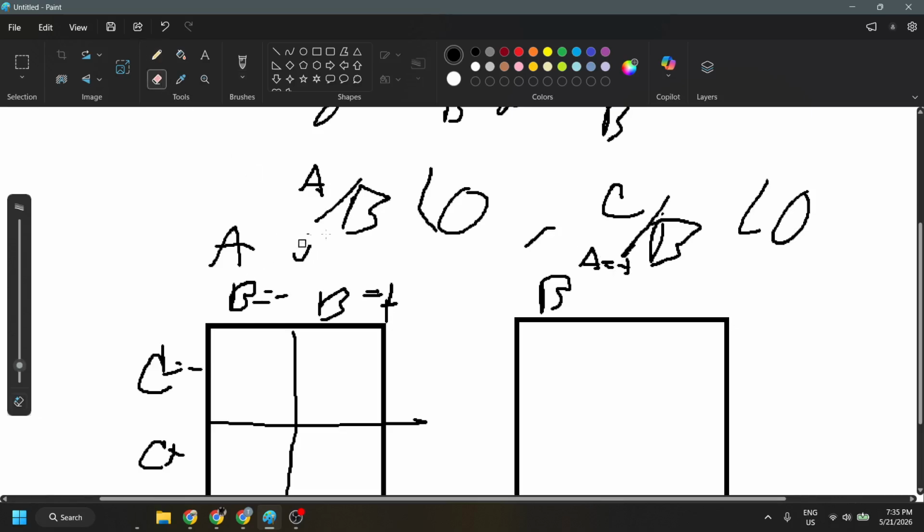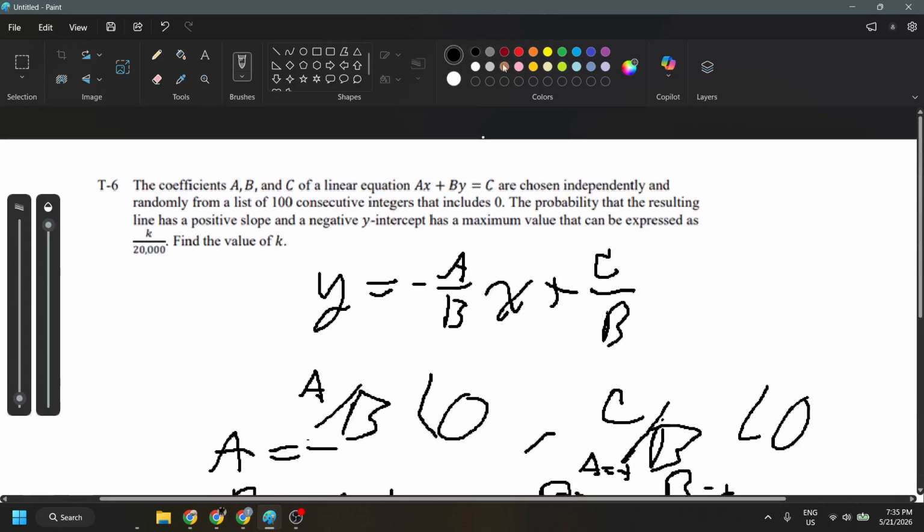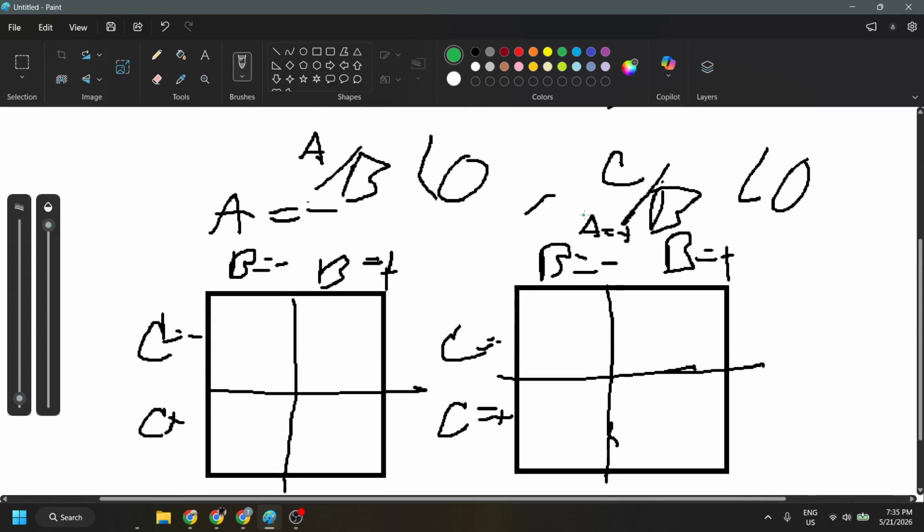We also have to take into account 0, because that is an option. Here, c is equal to negative. Here, c is equal to positive. Here, b is equal to negative. So the only ones that work are where a and b are different. So a is negative and b is negative does not work.